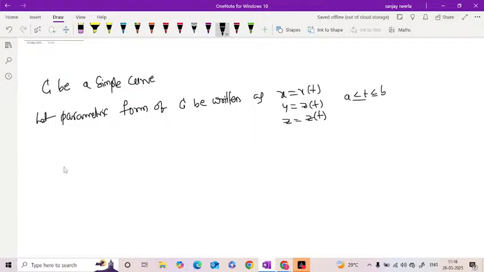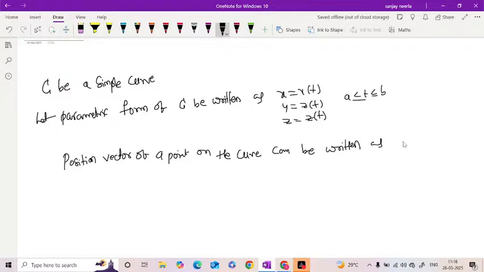Here I am assuming the position vector is r, the position vector of a point on the curve. It is in the form r is equal to x of t i plus y of t j plus z of t k, and here the t values are in between a to b.